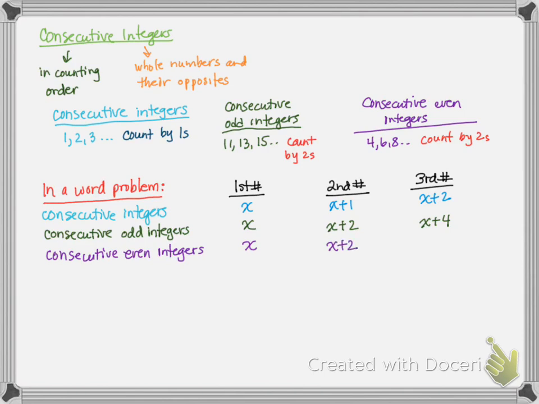And then if I wanted to get from 6 to 8, I'd have to add another 2, or if I wanted to go from 4 to 8, I'd have to add 4. So the pattern for defining unknowns with consecutive odd and consecutive even is always the same, because both of them count by 2's. They skip count. But with consecutive integers, then it's just counting by 1's.